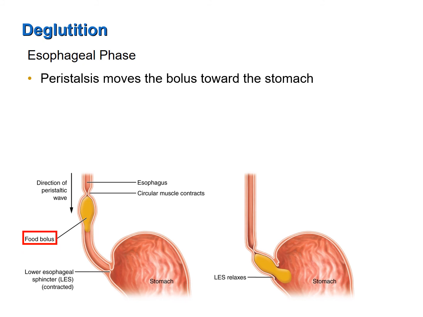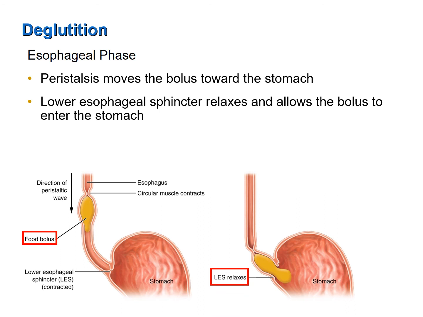The bolus is moved down the esophagus by peristalsis as muscles behind the bolus contract while muscles ahead of the bolus relax. This moves the bolus toward the stomach, eventually reaching the opening of the stomach, which is controlled by the lower esophageal sphincter.